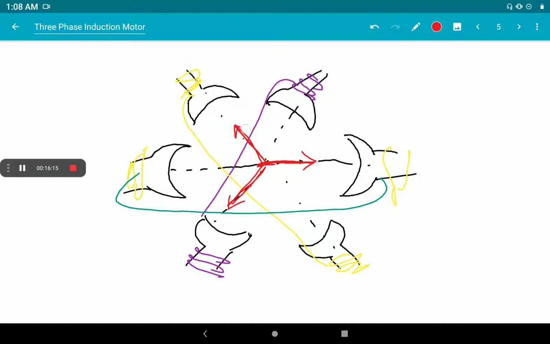120-degree apart. Okay, so there should be 3 field coils in the machine which are placed 120-degree apart in space. So the electrical energy entered to the machine goes into magnetic domain, and E is equal to BLV, which induces a voltage in the rotor conductors.